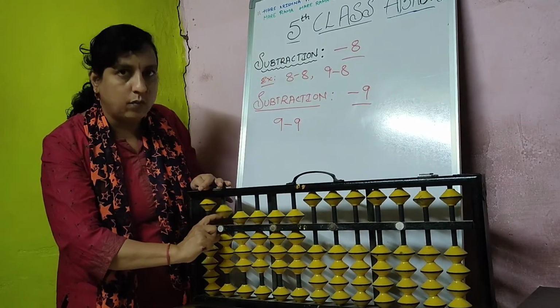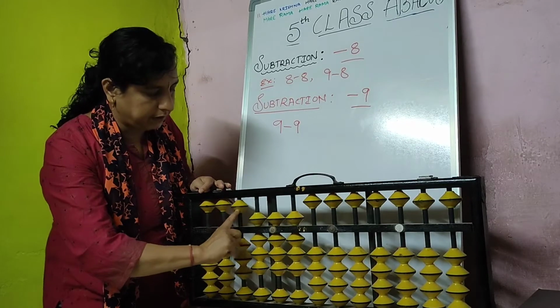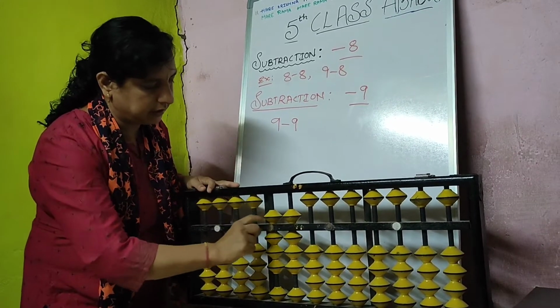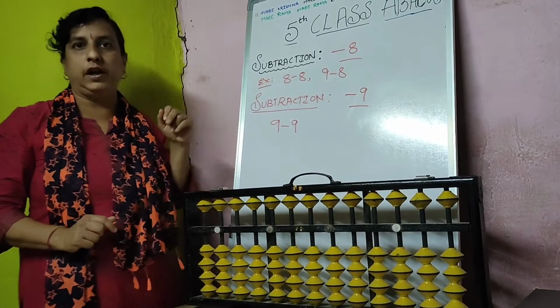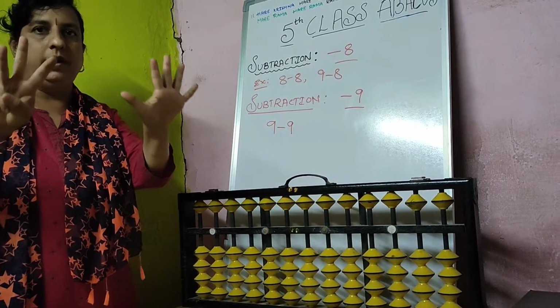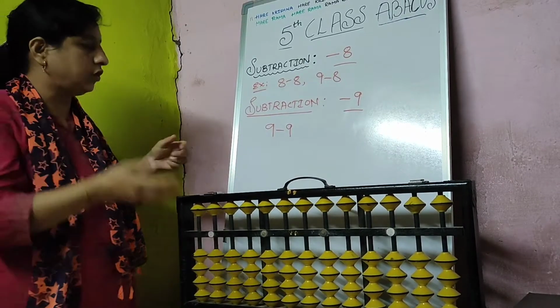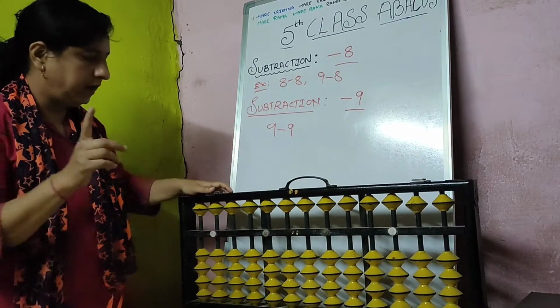Minus 8. I have got 8 chocolates and I will eat all 8 chocolates. So 0 chocolates will remain here. Answer is 0. So now next, 9 minus 8.